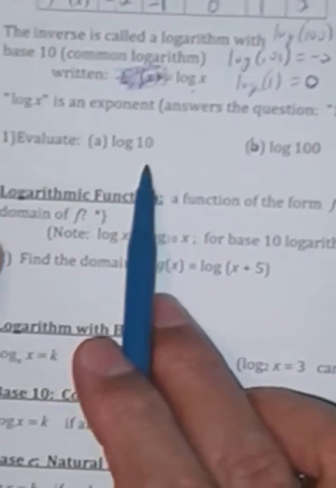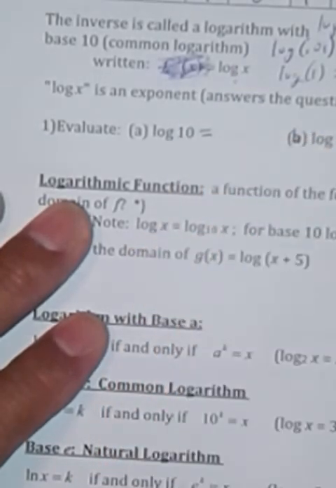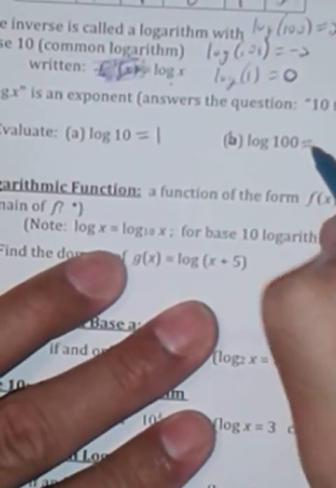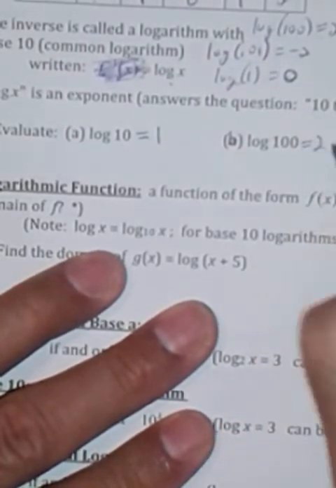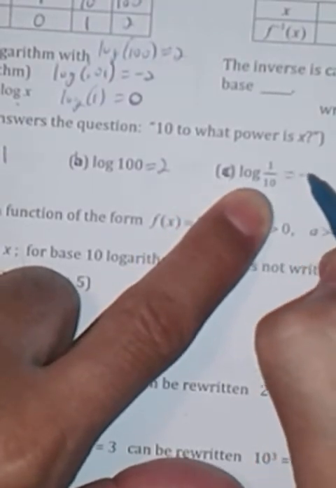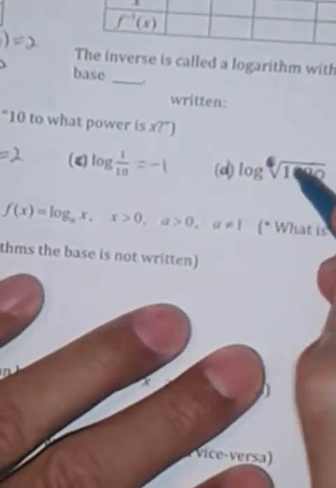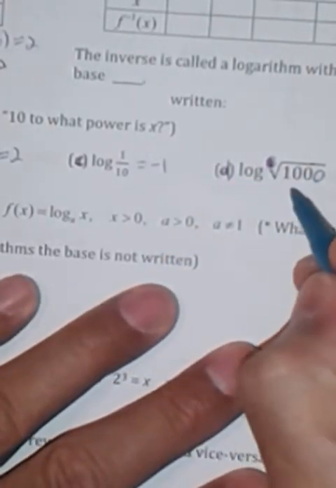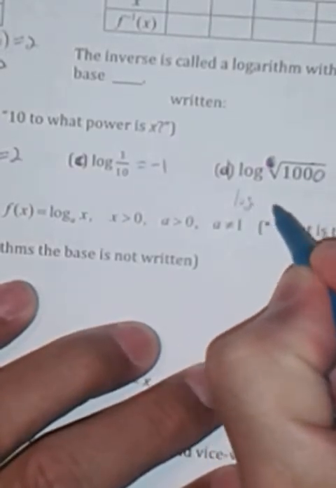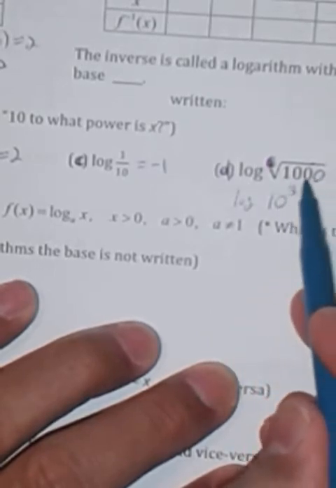So if we do some examples here, log of 10, we ask ourselves 10 to what power is 10? And that's the answer that we get, 1. 10 to what power is 100? 2. 10 to what power is 1/10? -1. And then 10 to what power is the square root of 1,000? This one's tricky. That means we're going to learn something new. 1,000 is 10 to the third, so we can think of this as log of 10 to the third, but then it's not just 10 to the third, it's the square root.